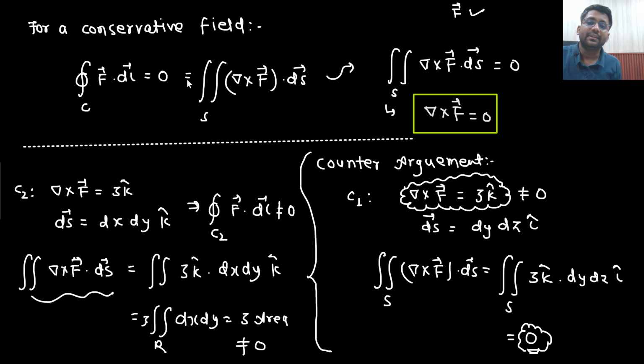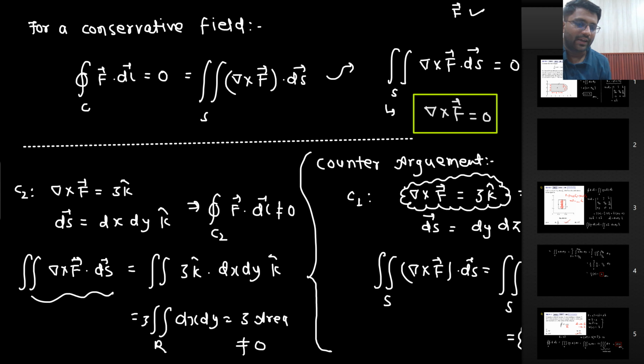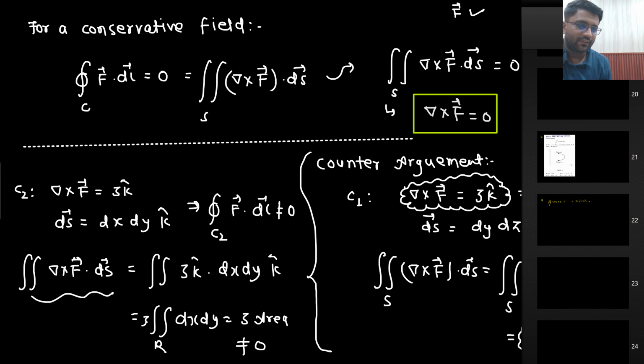Okay, so only the hypothetical condition you are discussing here. The point is that if your F is conservative, then no matter whichever question you are solving, always your del cross F will be 0 only. So the one line conclusion is that if vector field F is conservative, then for sure del cross F will always be 0.